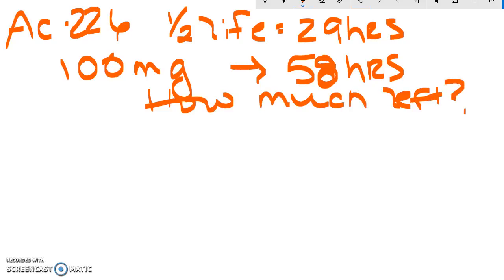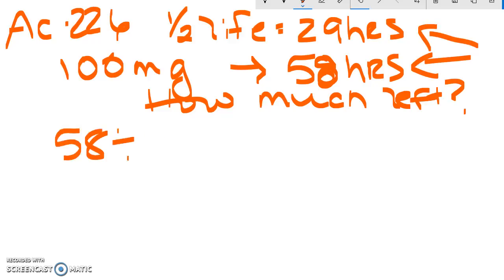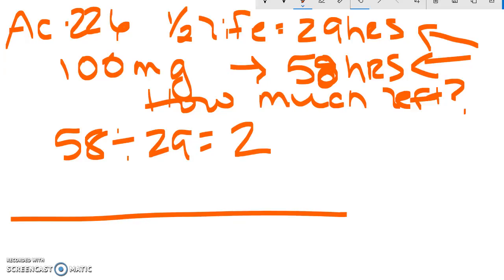Okay, so again, it's been going for 58 hours. I know that the half-life is 29. So I take 58 divided by 29, which gives you 2 half-lives. So we're going to do our little thing again: 0, or the original, 1, 2.